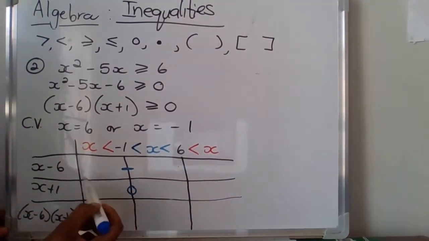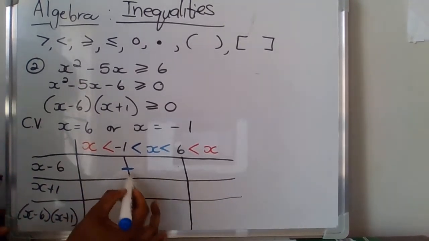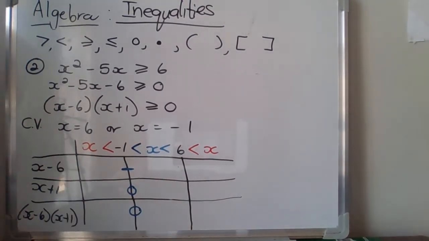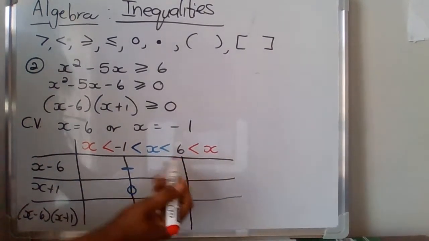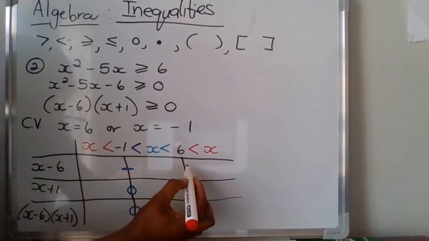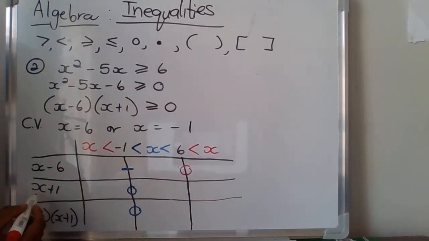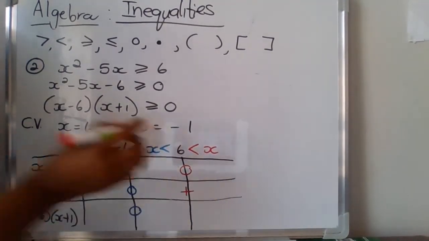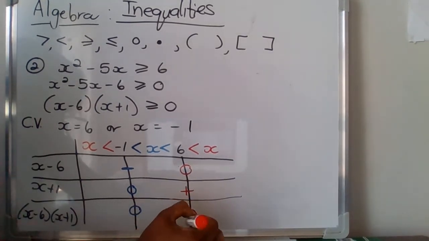So when I multiply these two, a negative times 0 is equal to 0. Now, when x is equal to 6, I get 6 minus 6, which gives me 0. And 6 plus 1 is a positive value. And 0 times a positive value gives me 0.